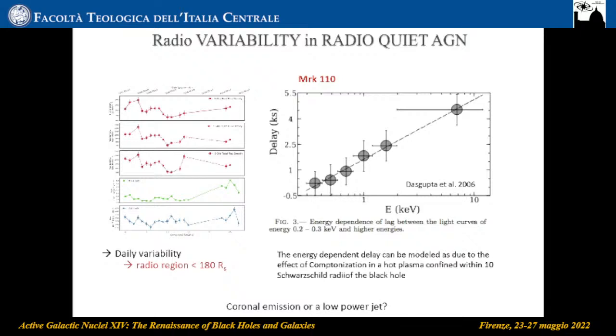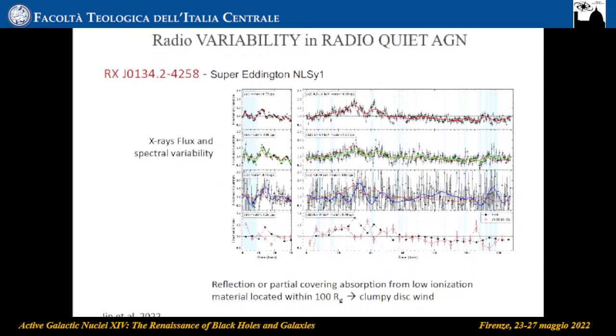So maybe again, this radio emission in this narrow line Seyfert-1 is produced by the same hot corona, or not. It could also be the base of a jet, because the observational evidence of this source in the radio can also be explained with a low-power jet. So what we need is, of course, better sampling, although it's very hard to get light curves with the VLBI.